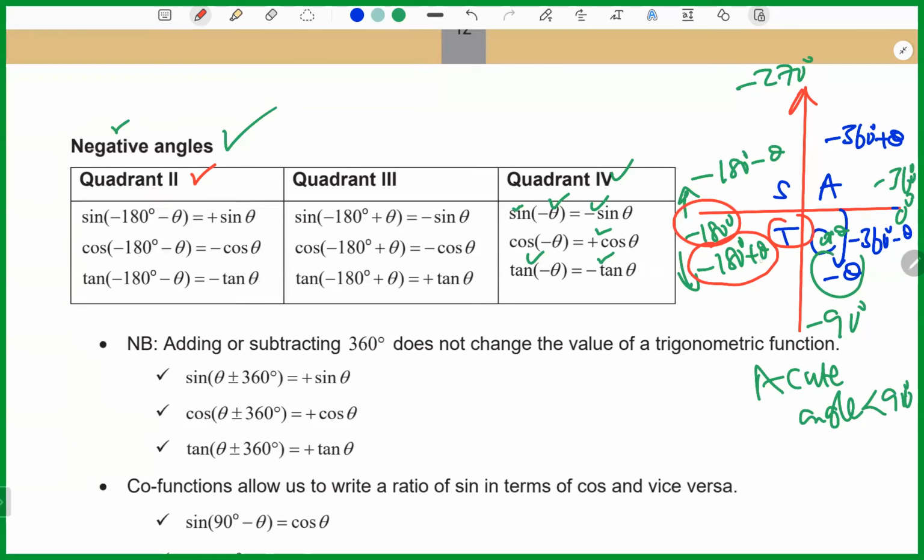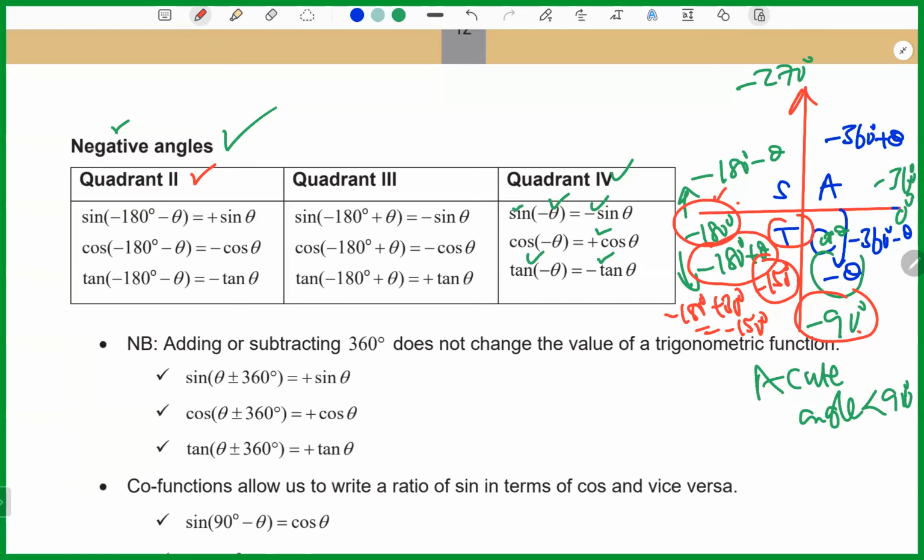But if you add theta, maybe you can think of theta as an acute angle like 30 degrees, so minus 180 plus 30 would be minus 150. So if we're moving from minus 90 to minus 180, minus 150 degrees is somewhere in the middle here, between minus 90 and minus 180. And minus 150 is a negative angle because it's minus 150.